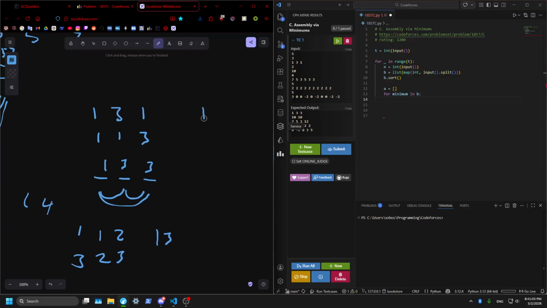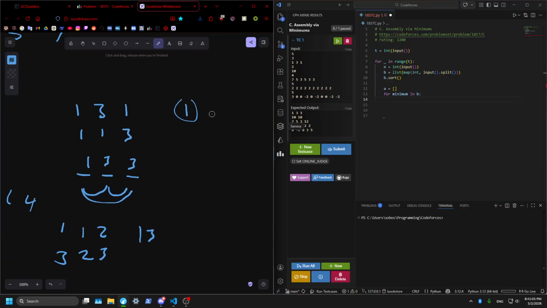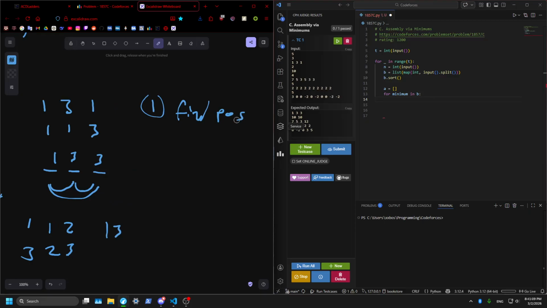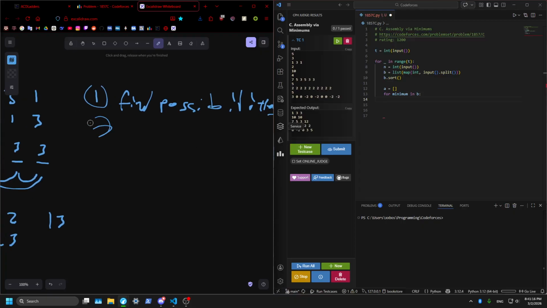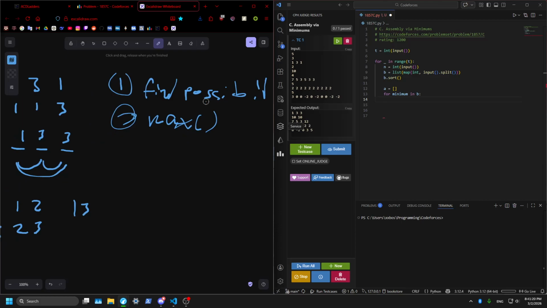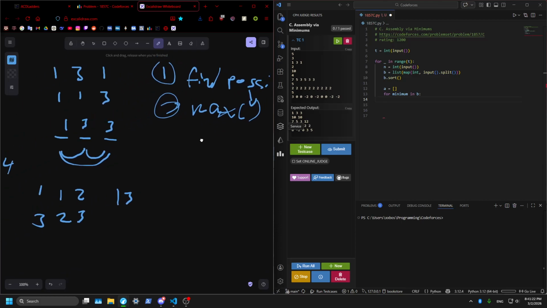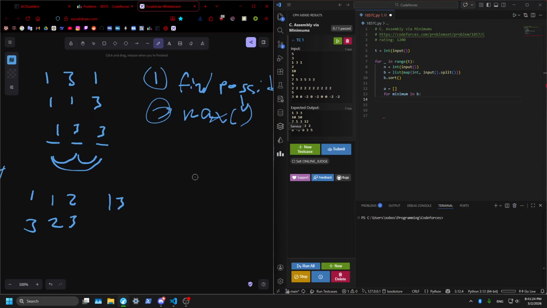So okay, step 1: find possibilities. Step 2: max the possibilities. That's our array.